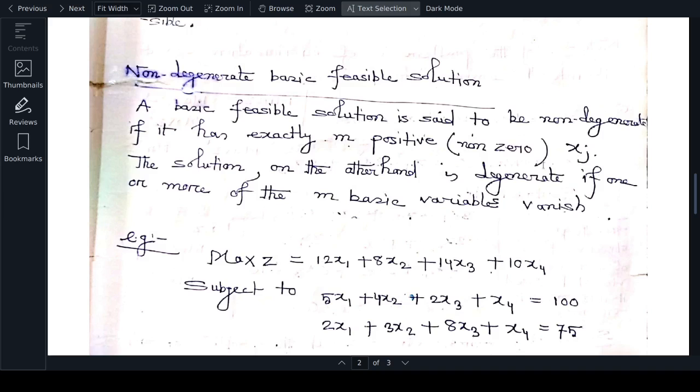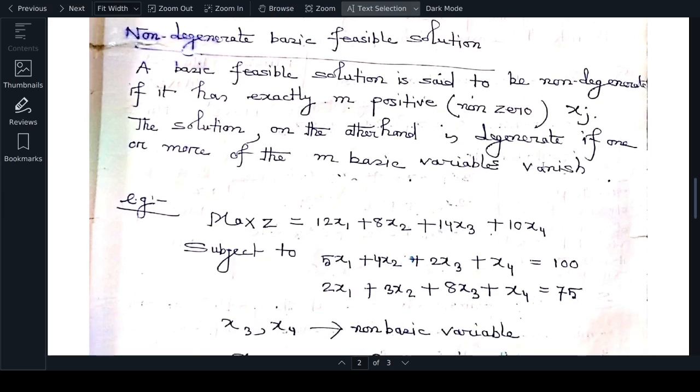Yes. So you see here, you compare these three definitions. One is what is called the basic feasible solution. Basic feasible solution means what? A solution of non-negative basic variables. Means negative values will not occur in the basic feasible solution. Okay, then non-degenerate means what? First, this should be basic feasible.